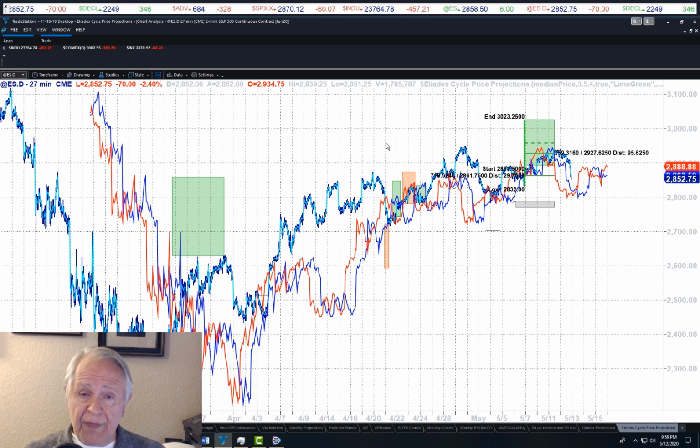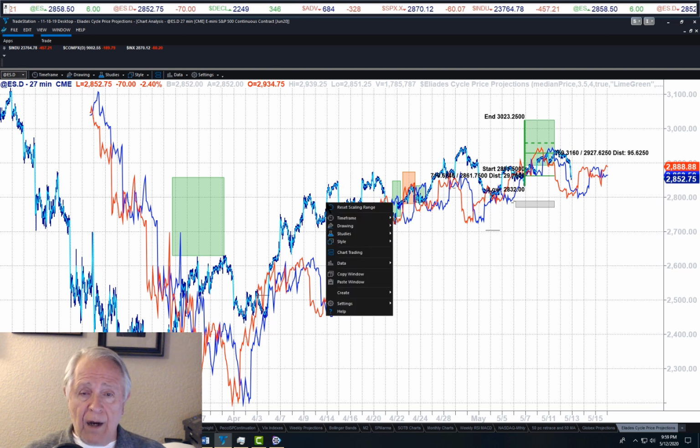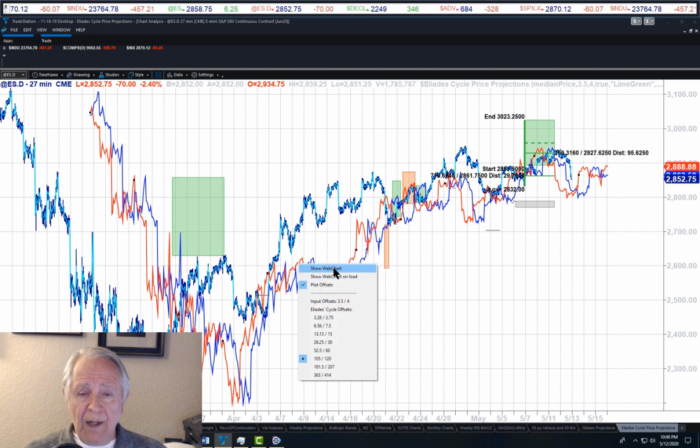I should point one thing out. When we go here and click on, well, let's go to an offset. It makes it easier. And we change the offset. When you do that, it does not change the input offsets, okay? What do you mean by that? Well, let me show you. The input offset right now is 3.5 to 4.